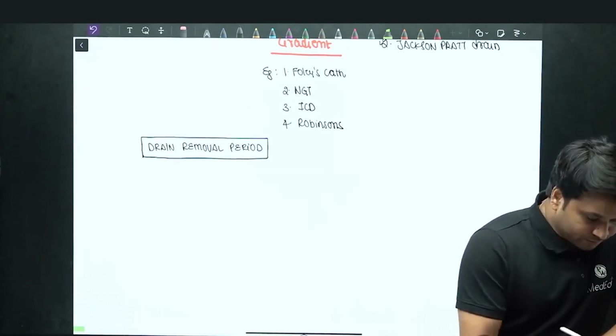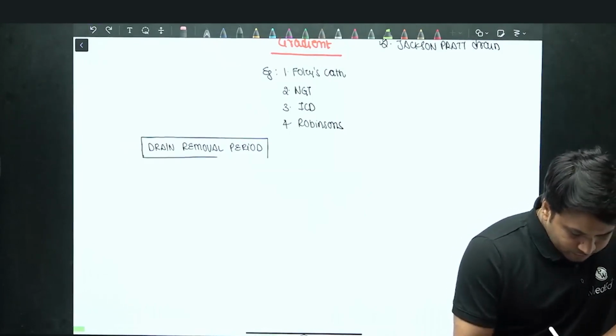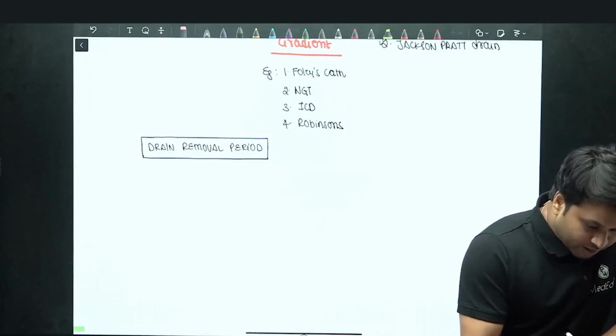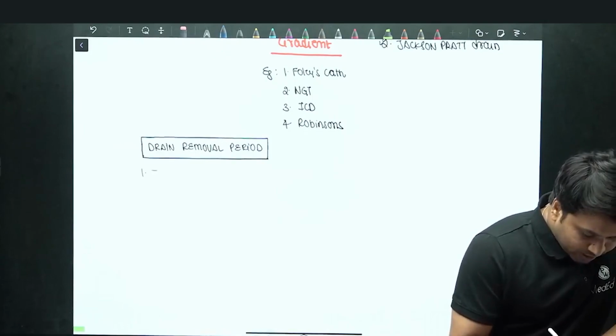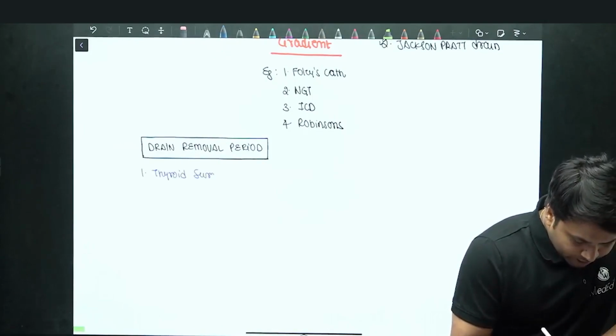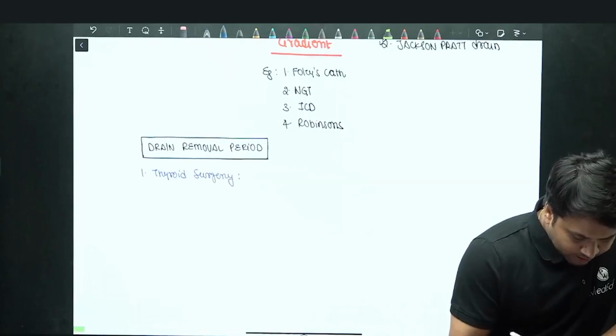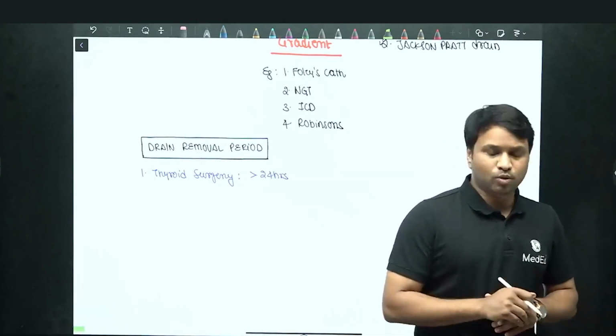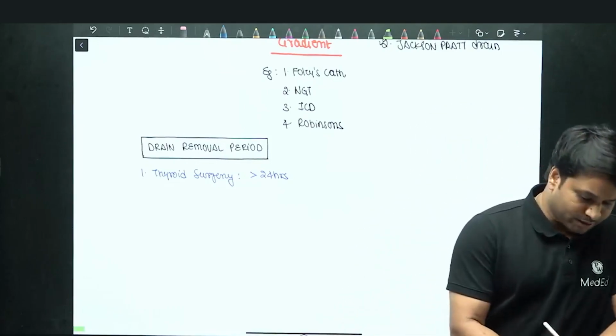For example, if I put a drain for thyroid surgery, I am basically putting the drain to look for the reactionary hemorrhage which occurs within the first 24 hours. So after 24 hours, or after first day, you can go and remove your thyroid drains.